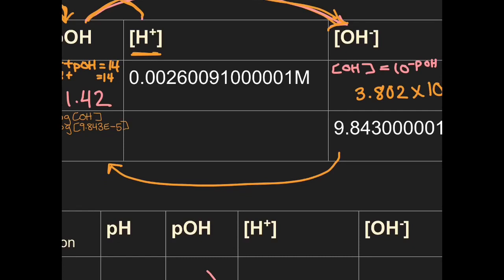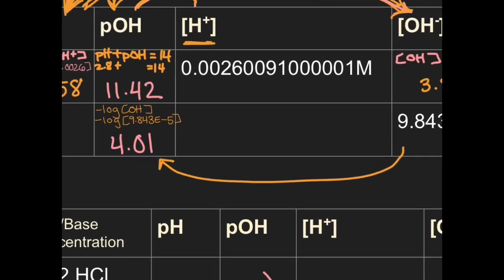All right, we've done this before, so please remember you are using E negative 5. All right, and so once you punch that into your calculator, you should get a value of 4.01, and I did round that off.